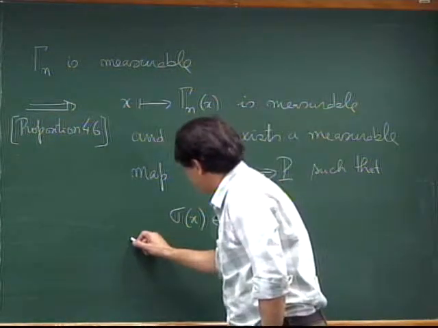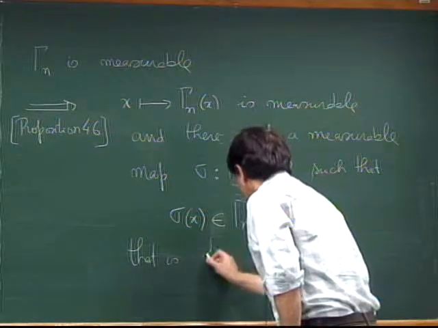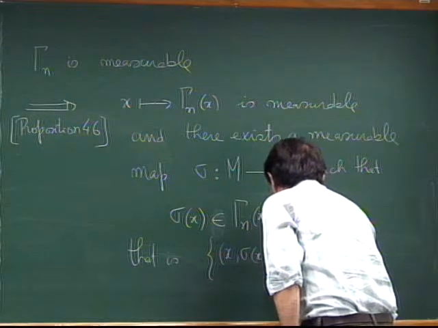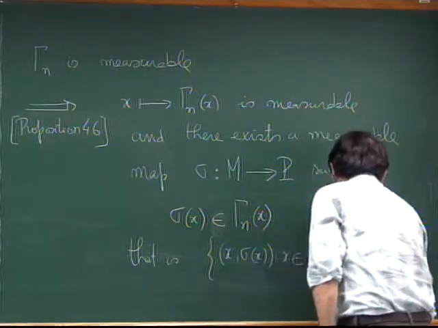That is, the graph of sigma is contained in Gamma_n.